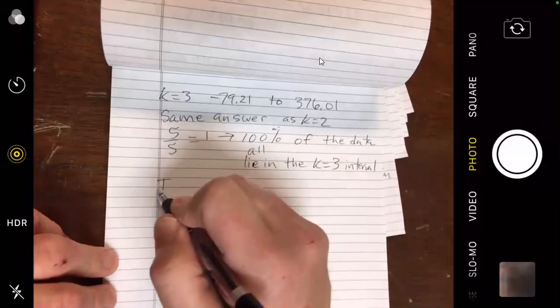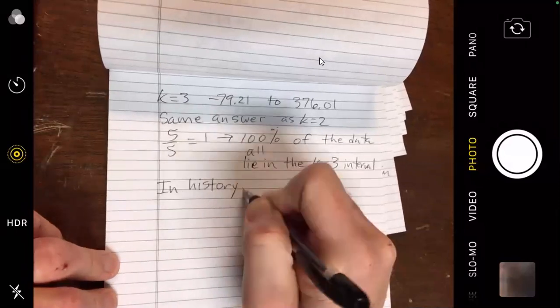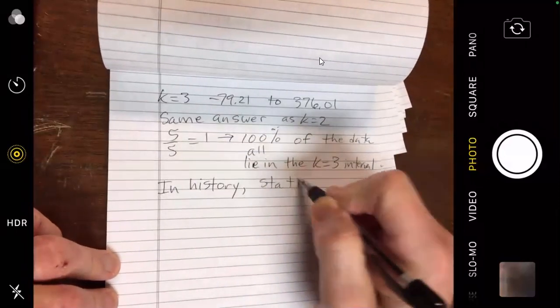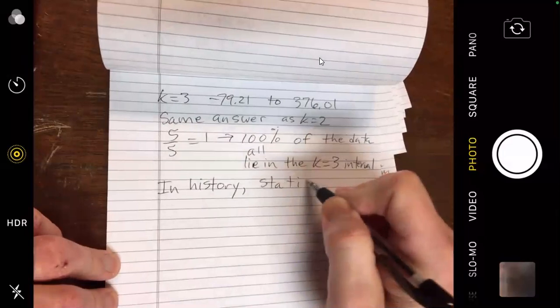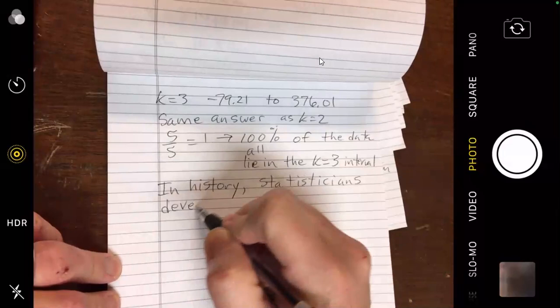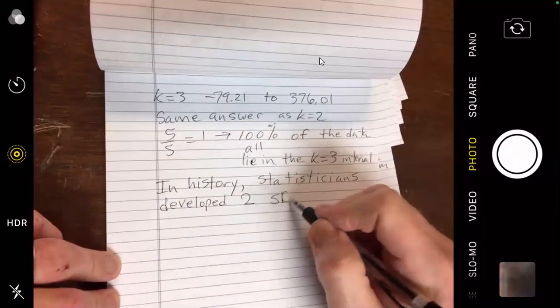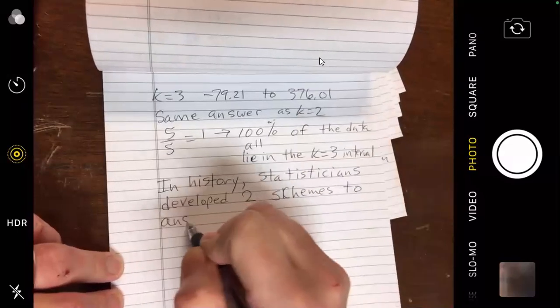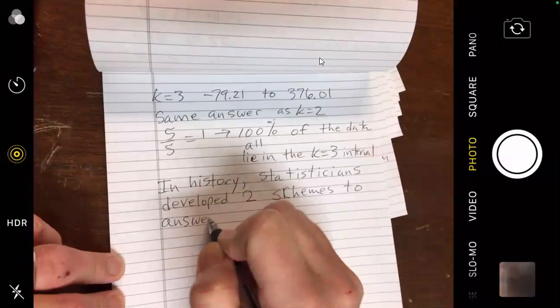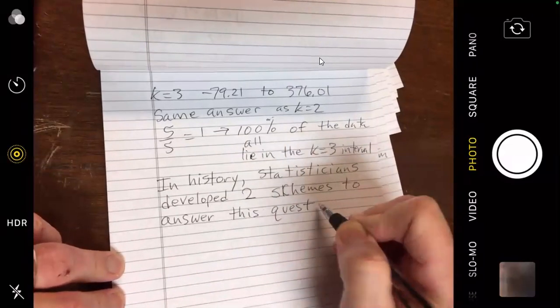In history, statisticians developed 2 schemes to answer this question. What question?